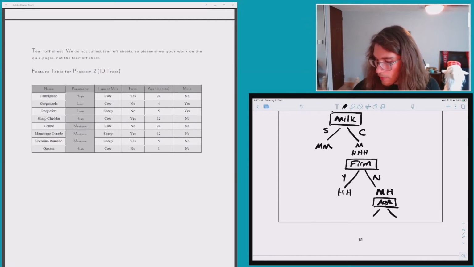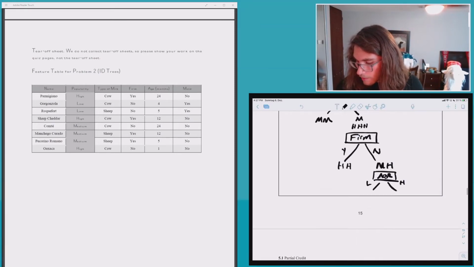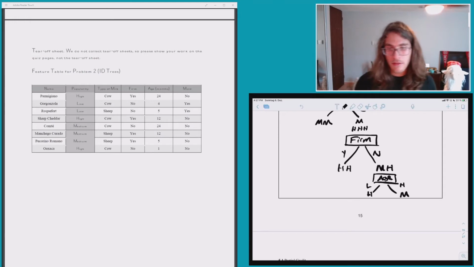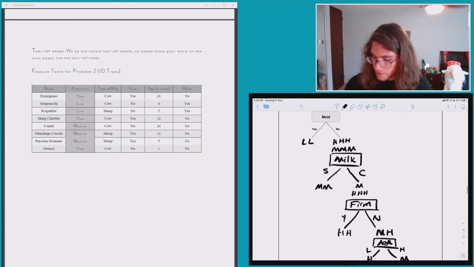And that will bring me to low age, high age. The low age already perfectly classified 1 point as high, and then on high I would have the last point, medium. And that is my greedy ID tree.